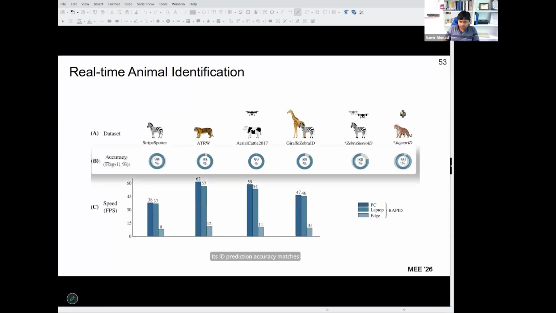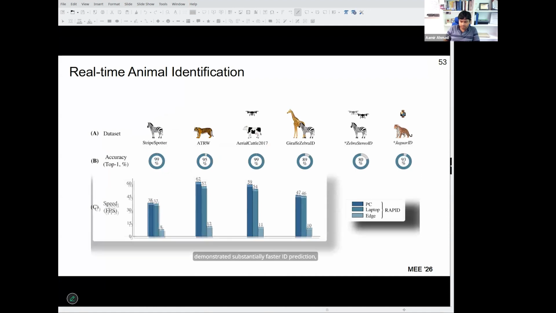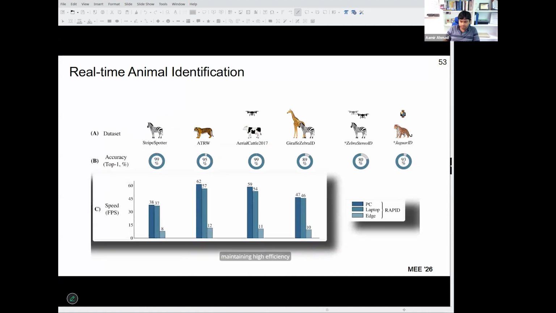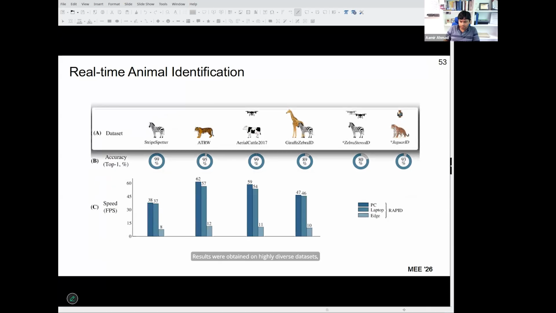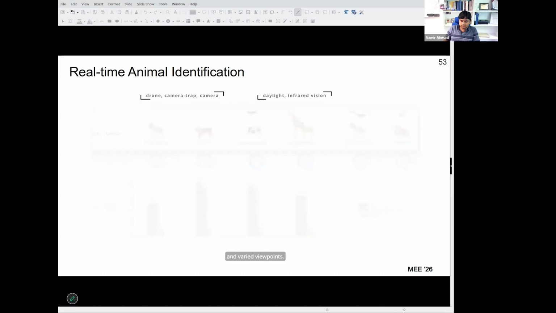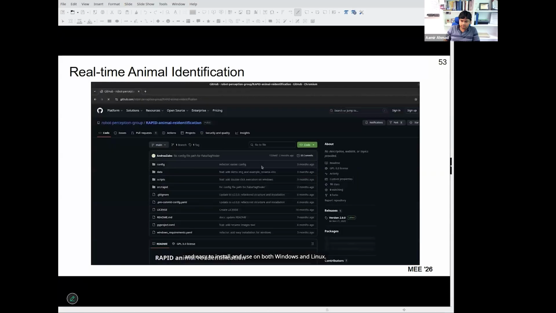Its ID prediction accuracy matches or even surpasses that of state-of-the-art tools. Evaluations across 3 hardware platforms using only CPU demonstrated substantially faster ID prediction, maintaining high efficiency even on resource-constrained edge devices such as drones. Results were obtained on highly diverse datasets, demonstrating robust performance across pattern types, camera systems, challenging imaging conditions, and varied viewpoints. RAPID is open source and easy to install and use on both Windows and Linux.